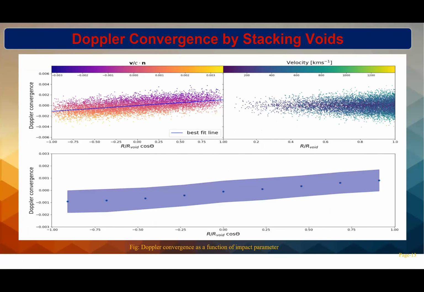Now this figure shows the Doppler convergence by stacking voids. So how have we computed the Doppler convergence by stacking voids? At first, by changing the initial conditions, we ran 21 gevolution simulations having identical cosmological parameter settings, but using different random seeds.